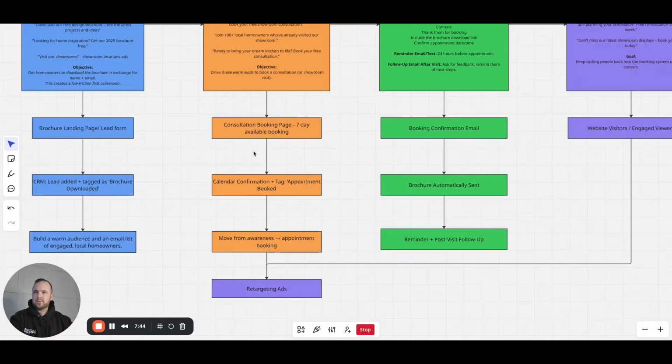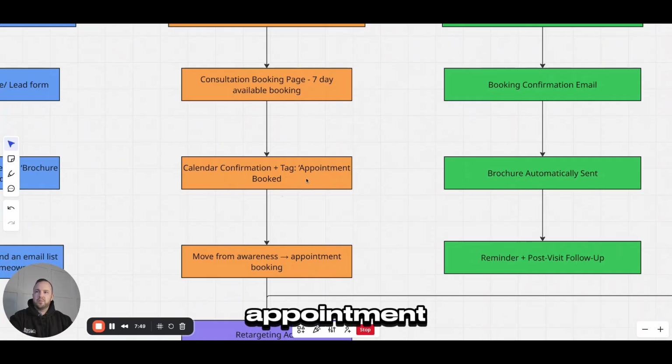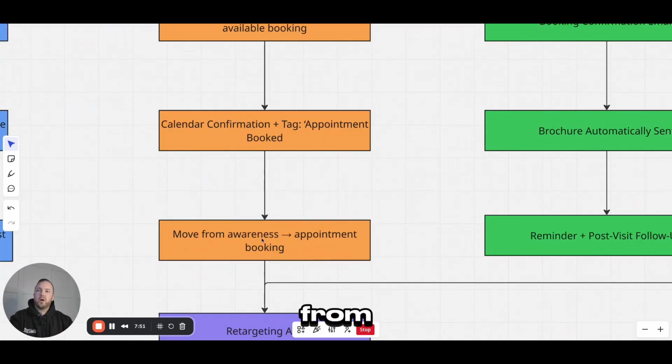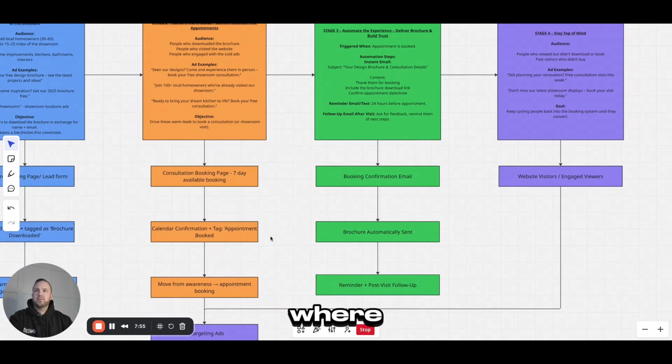So there'll be a calendar confirmation and appointment booked, and these people move from awareness to appointment booked, which is where we want them.